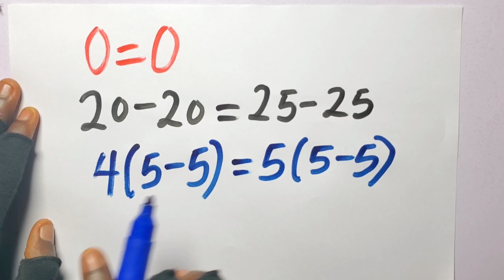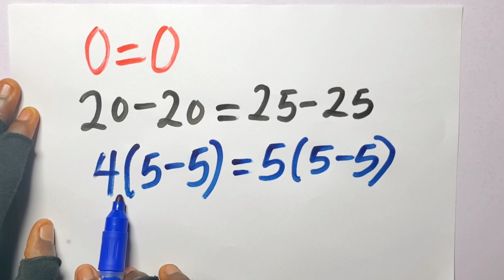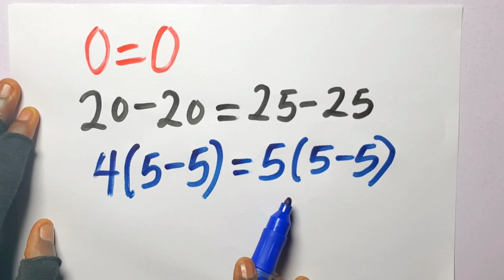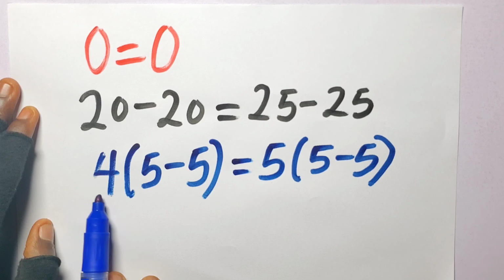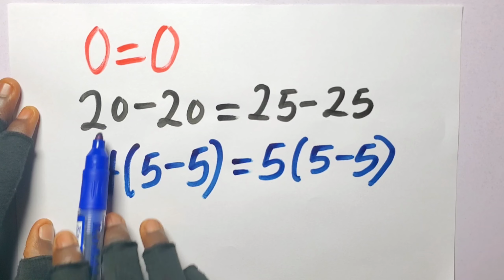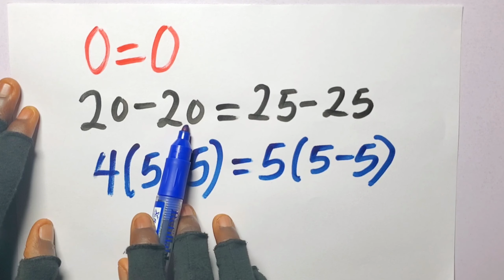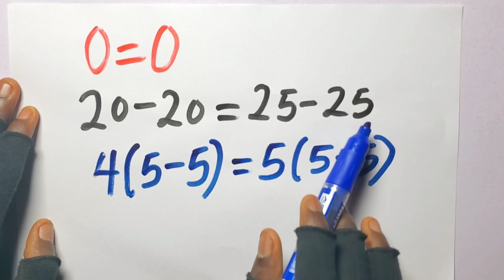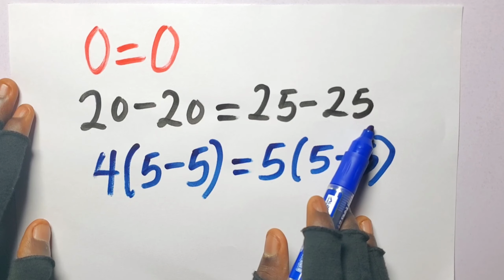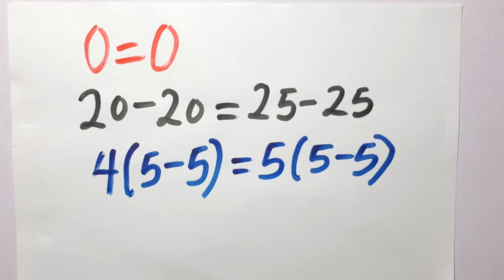On the left, we pull out a 4. On the right, we pull out a 5. It still perfectly balances, because 4 times 5 is 20. 4 times 5 is also 20. 5 times 5 is 25. 5 times 5 is also 25. It still perfectly balances.